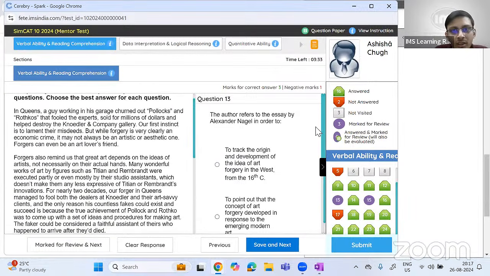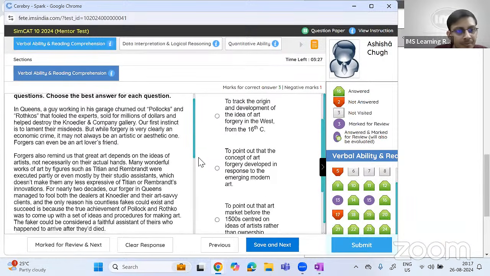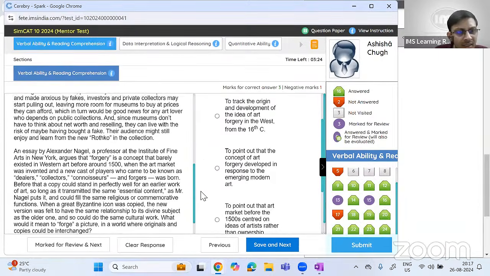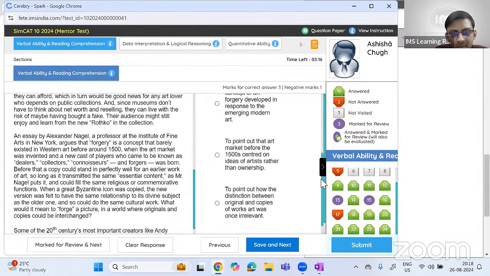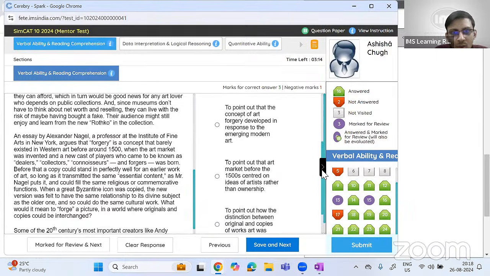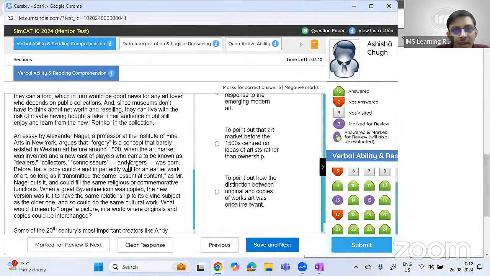Okay, this was: author refers to essay forgeries in order to. Okay, what do we have in the essay? Essay forgery concept, okay, in the market. First one I had eliminated. Okay, second also I had eliminated. Third and fourth: art market before the 1500s centered on ideas of artists rather than ownership.